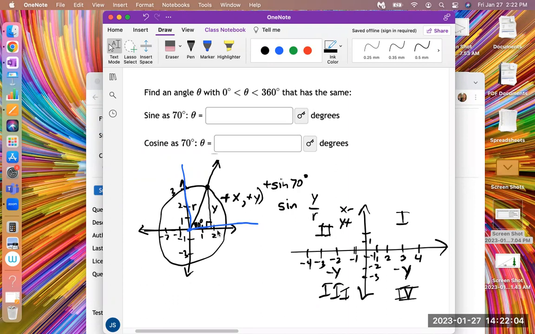So how do we do that? We just measure. This is important: when we measure this 70 degrees, it needs to be from the x-axis. So we're measuring up 70 degrees. Then it's right here.